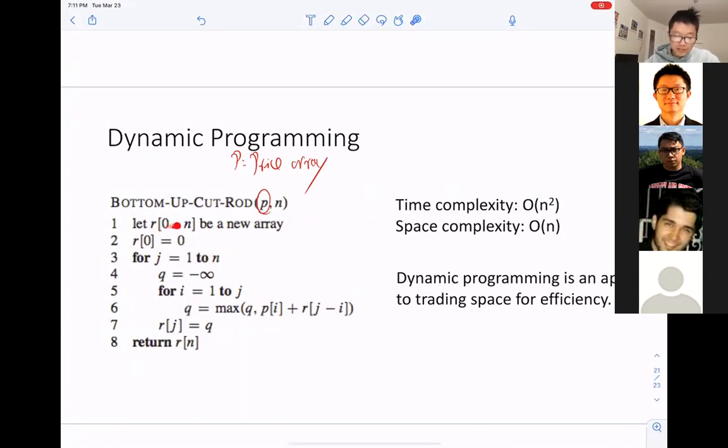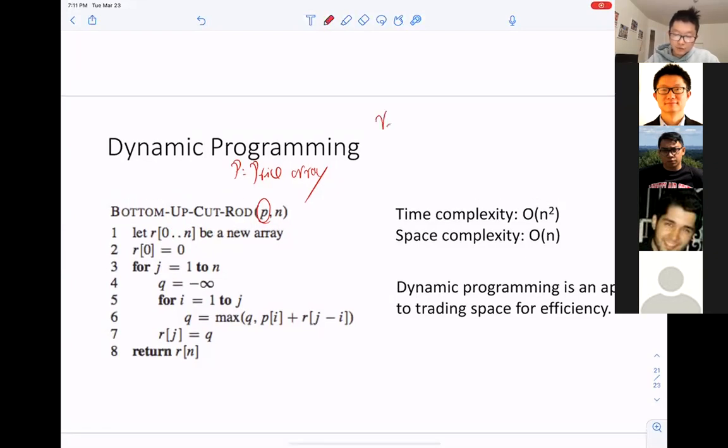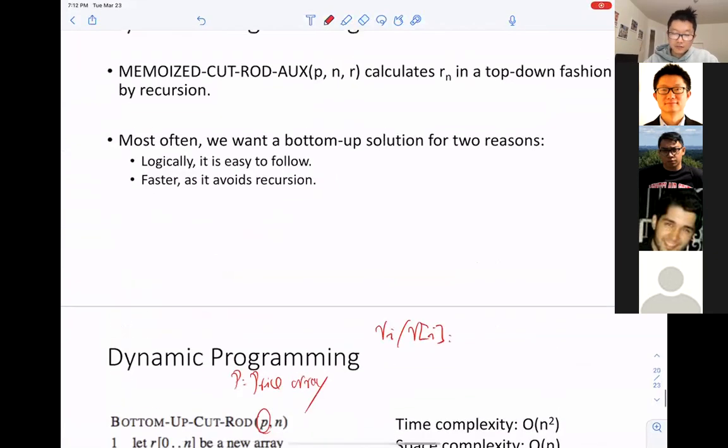So first we let R be a new array whose index starts from 0 to n. If you remember, what does Ri stand for?